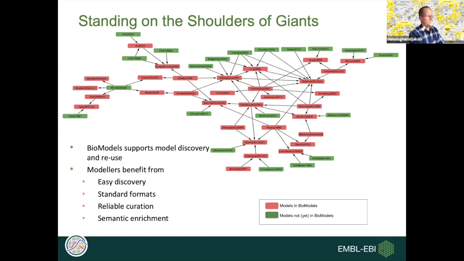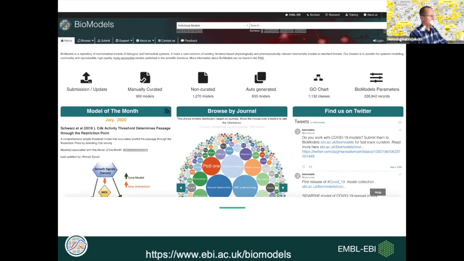And the aim is to support modelers in the modeling process and to implement the classical standing on the shoulders of giants, where new models are built on the experience of previously developed models, so that ultimately the progress in the domain is faster.